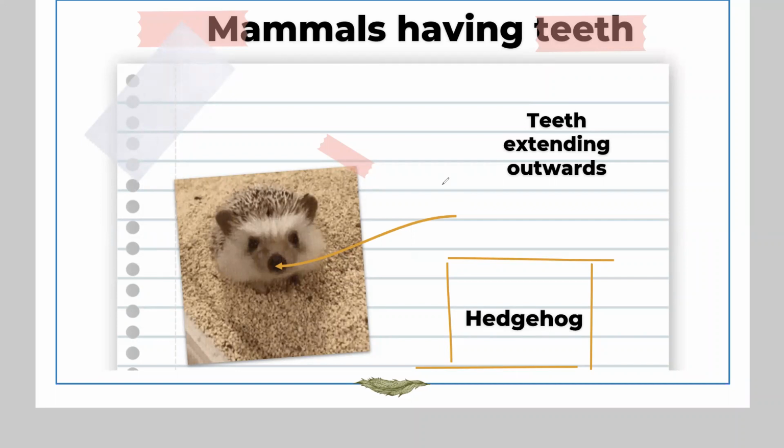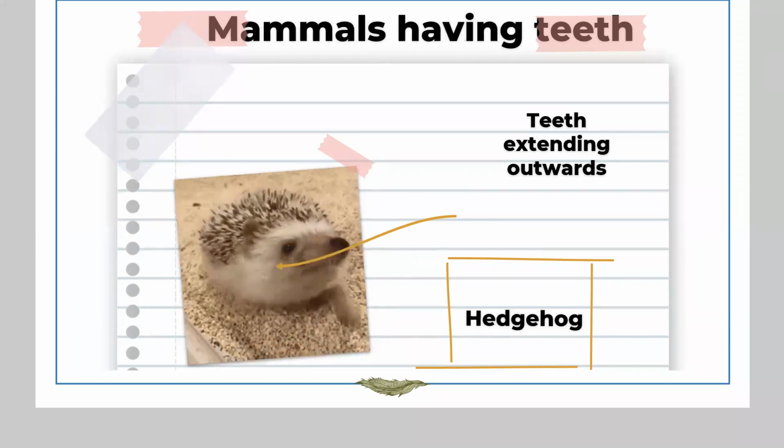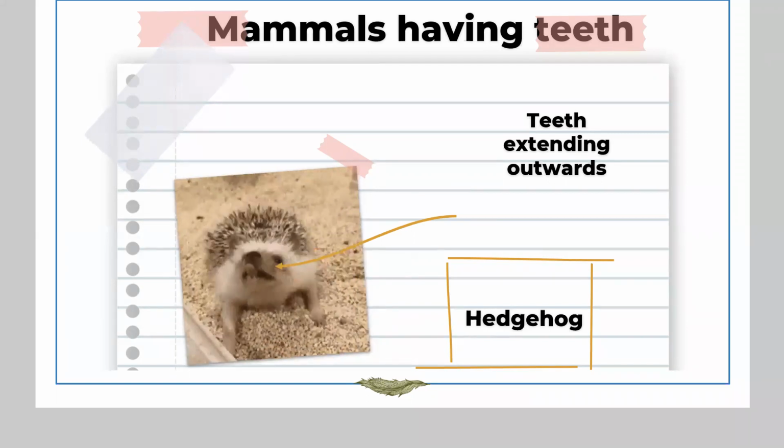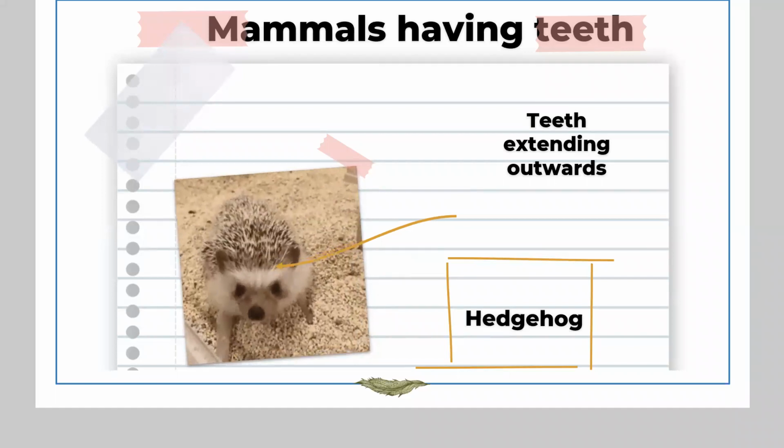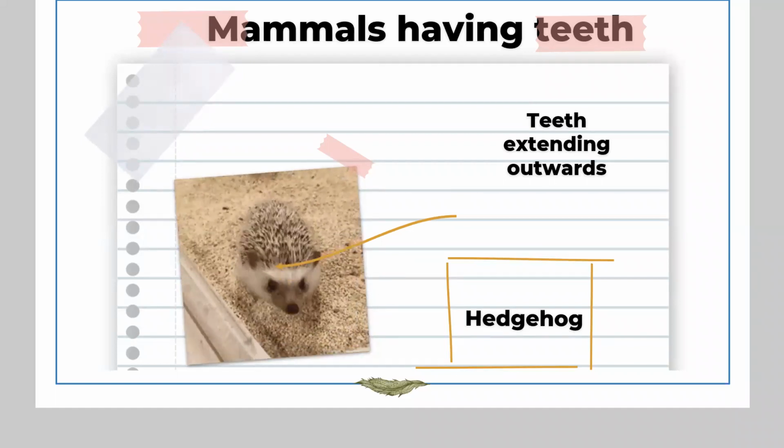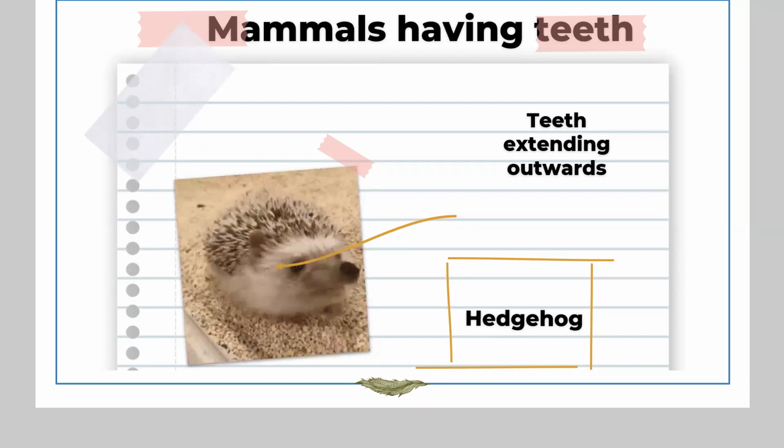It has front teeth only. We are not in need to know the number of teeth. These front teeth extend outward. What is the use of these teeth? To capture insects.